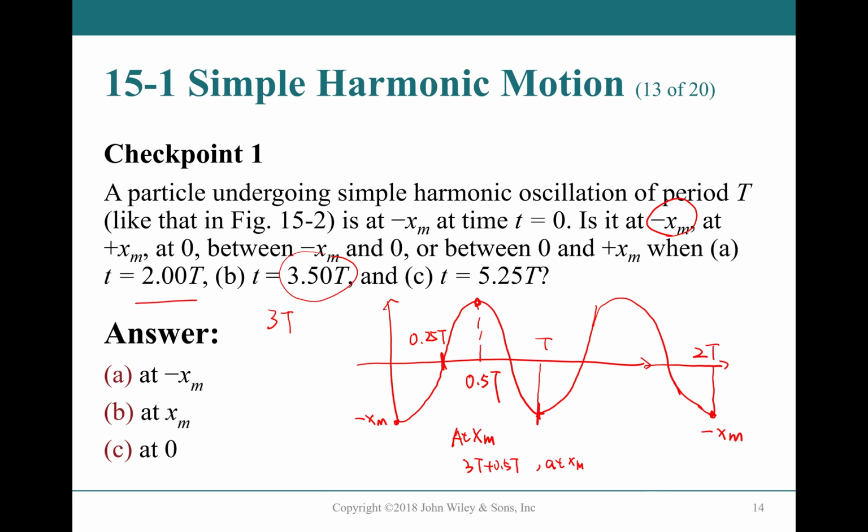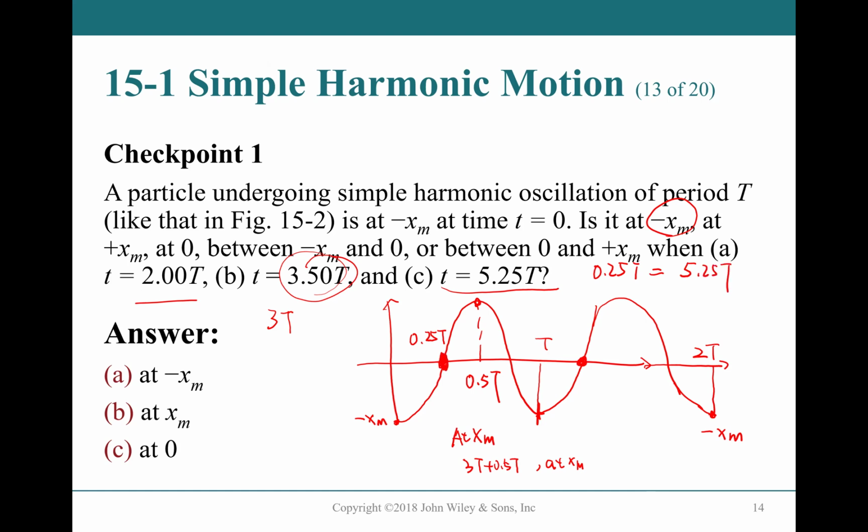So after a period, it returns to its position. So as long as we can find what happened at 0.5T, it is the same as what happened at 3.5T. And also here is the same. If we can find out what happened at 0.25T, then it's the same as at 5.25T.